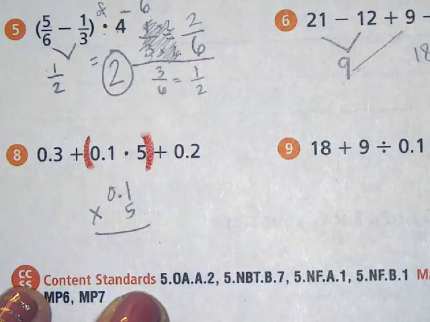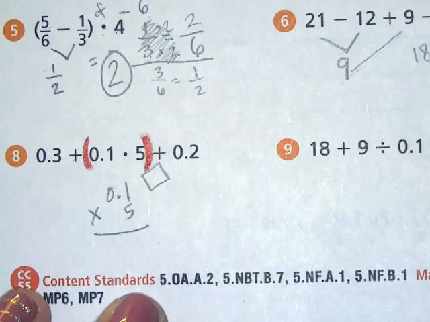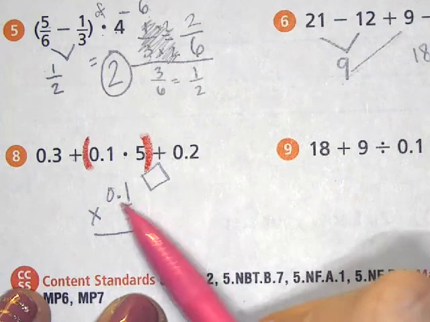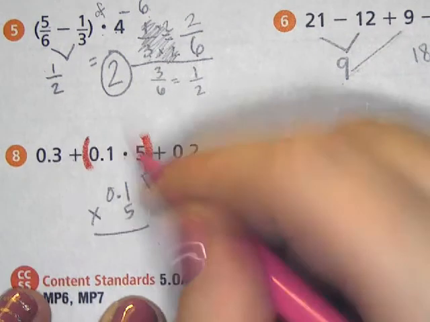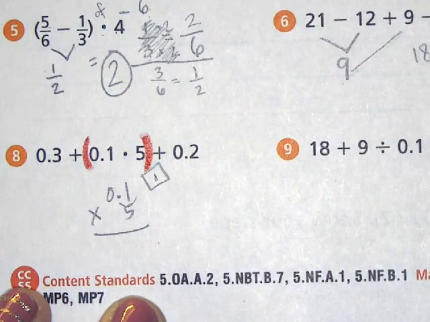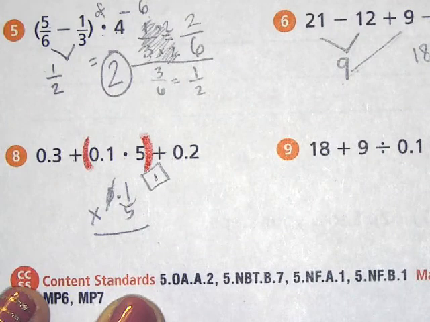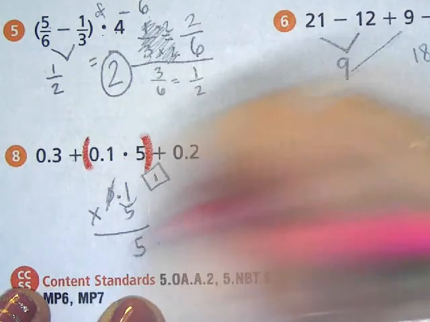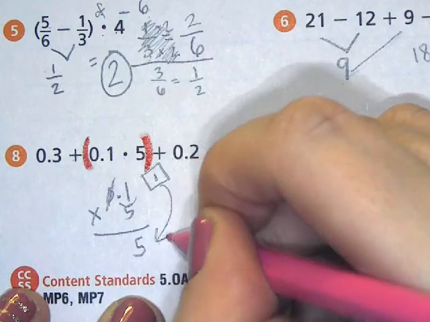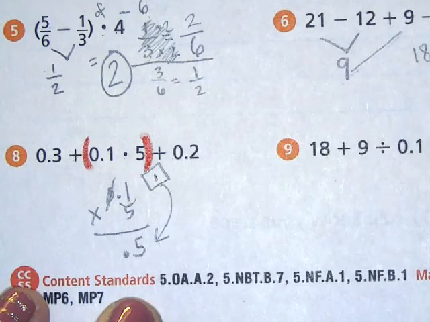Let's actually do the multiplication right here. 0.1 times 5. Some of you probably already know what it is. Too bad. I'm making you do this part. I put a decimal box because I'm dealing with decimals and multiplication. A 1 goes in there because there's one place. The 0's out in front. It's a runt. 1 times 5 is 5.